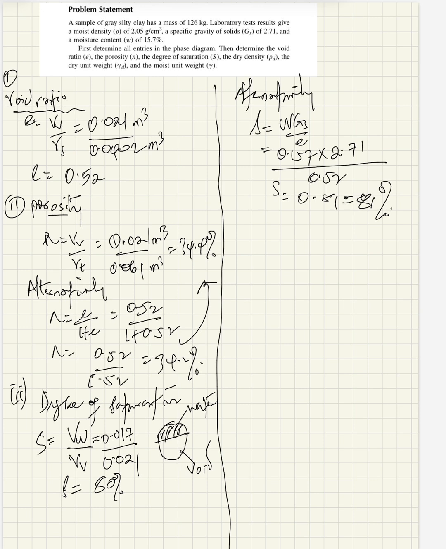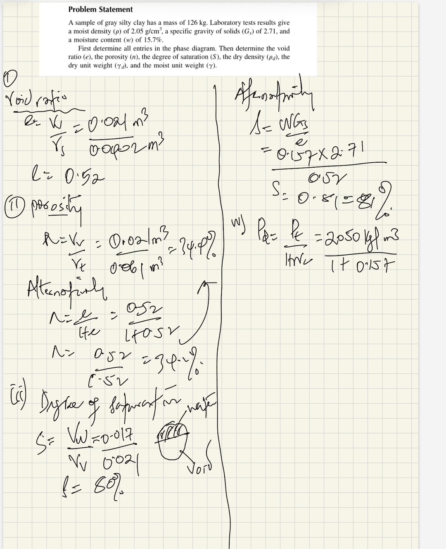So the next one, number 4, we are asked to find the dry density. Dry density equals total density over 1 plus water content. That is an expression we can use. And our total density, we've been given in the question, is 2050 kilogram per meter cube. Over 1 plus water content. Water content is 0.157.